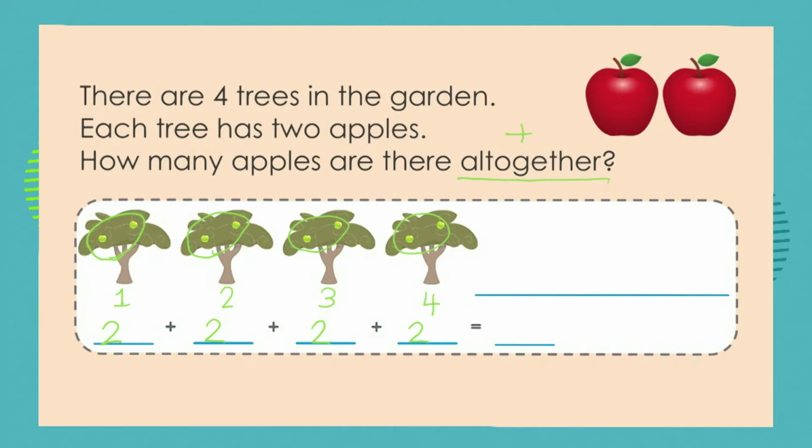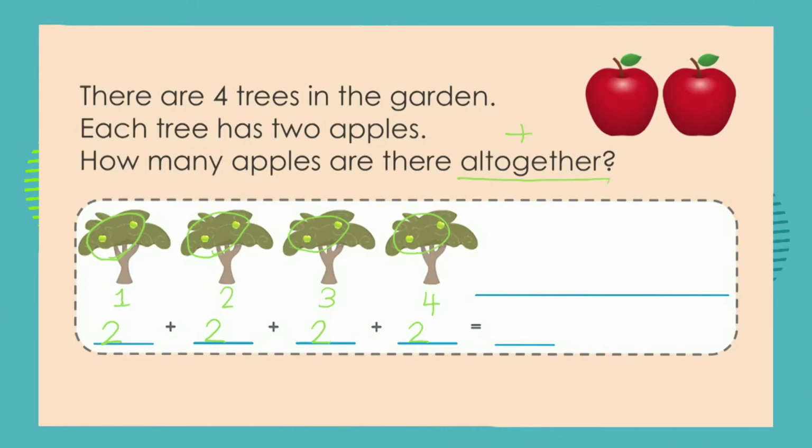So now I want to know how many apples there are all together. So let's count. We have 1, 2, 3, 4, 5, 6, 7, 8. So we know that 2 plus 2 plus 2 plus 2 is going to give us 8 apples.